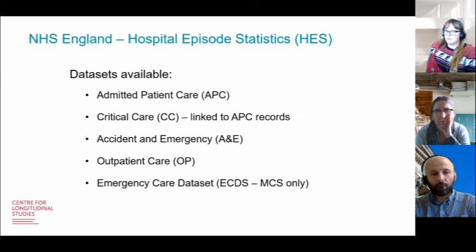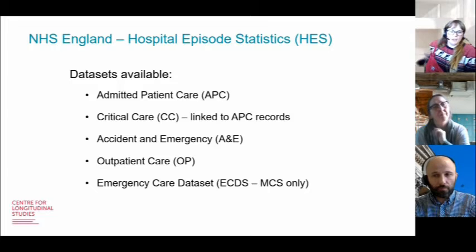And outpatient care would detail the appointments that don't involve admissions. If either accident and emergency or outpatients result in an admission, then this would result in a record in APC. However, they are not directly linked in the way that APC and critical care are. So there's no one identifier that links them together.